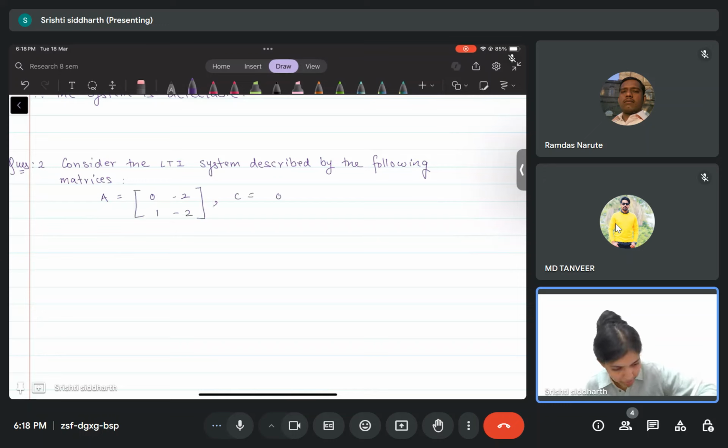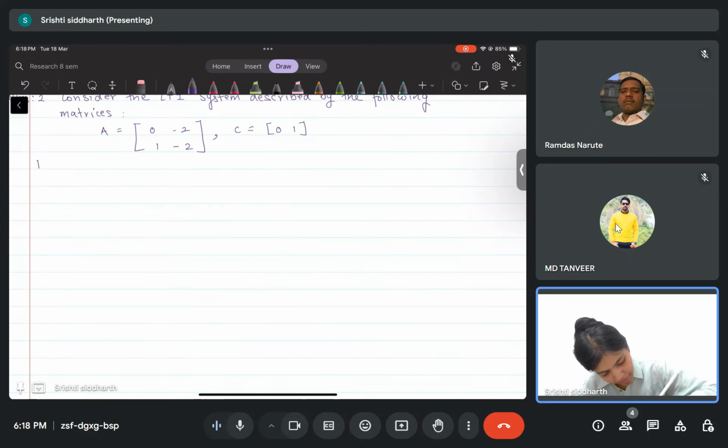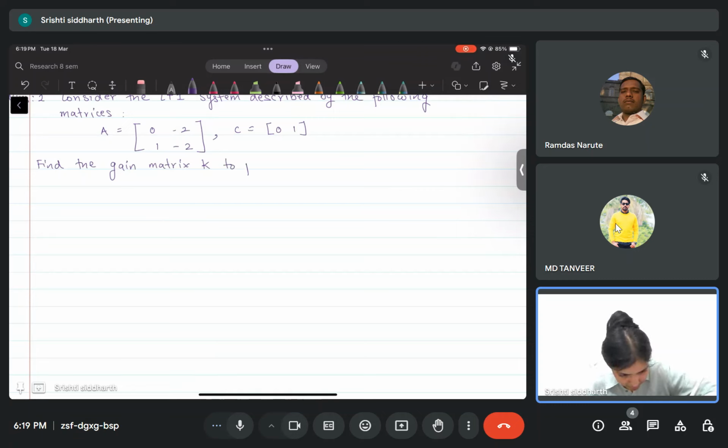C is 0, 1. We have to find the gain matrix K to place the eigenvalues at the desired locations.